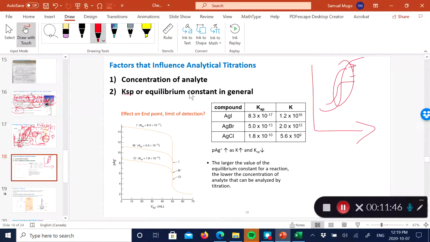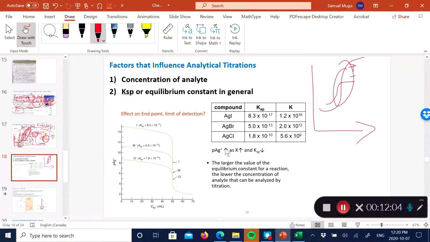I'll give you an example. Assume you're doing a titration where you've got a sample that has iodide, bromide, and chloride in it, and you're trying to analyze the respective composition of all those ions.